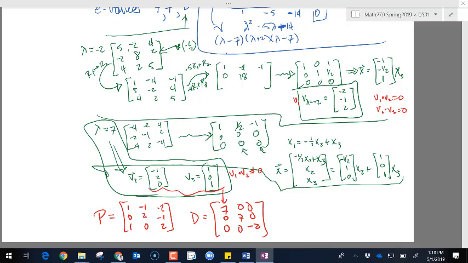But there's something more to be said if you have symmetric matrices. If you have eigenvectors from different eigenspaces, those are going to be orthogonal. Within an eigenspace, though, they might not be, so we have to be careful. This is only for symmetric matrices.